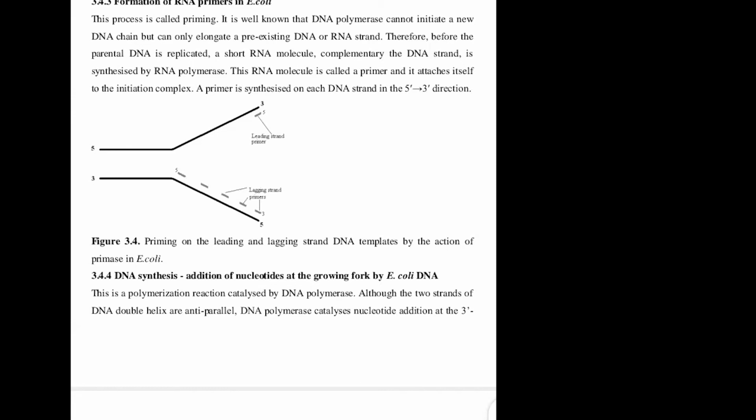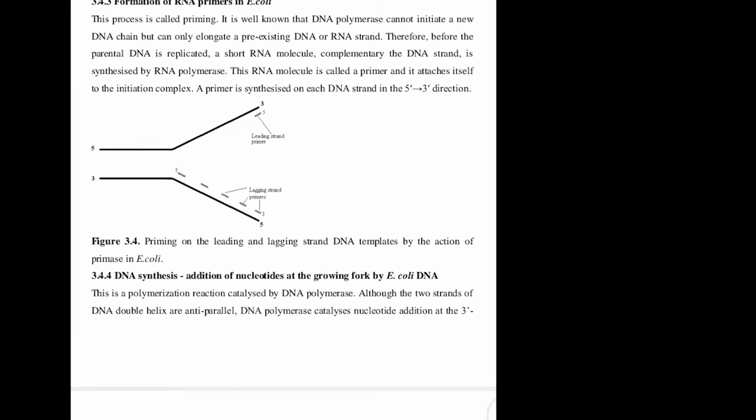Because we've already formed an initiation complex and started separating the two strands, after helicase has worked, another enzyme comes in, which is our DNA polymerase. Our DNA polymerase cannot initiate a new DNA chain, but can only elongate a pre-existing DNA or RNA strand. It is important to understand that.